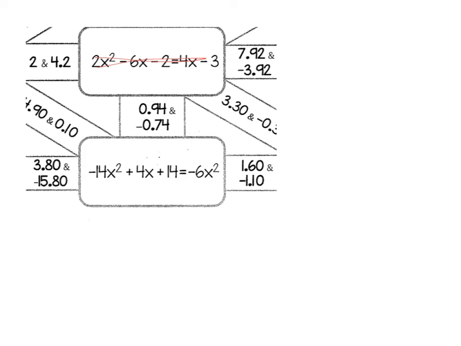Alright, so on this one, if you look, we've got negative 14x squared, we've got positive 4x, and we've got plus 14. The only thing that we need to do is we need to move this part. So if I add 6x squared, we will be in standard form.